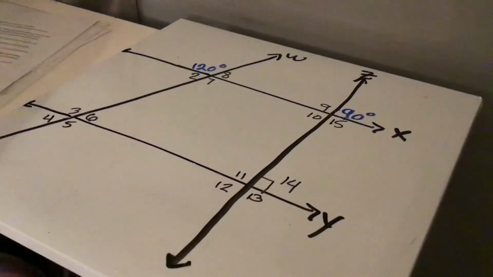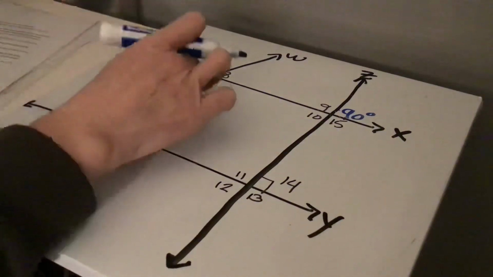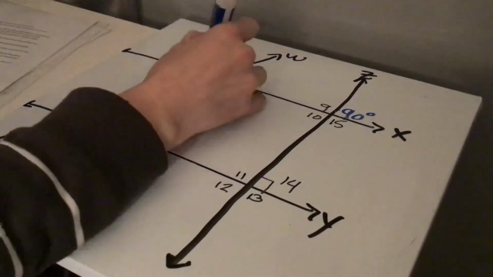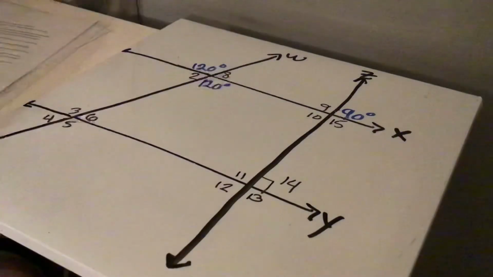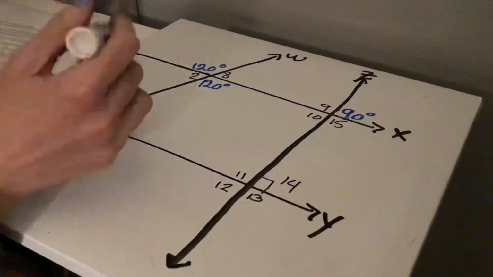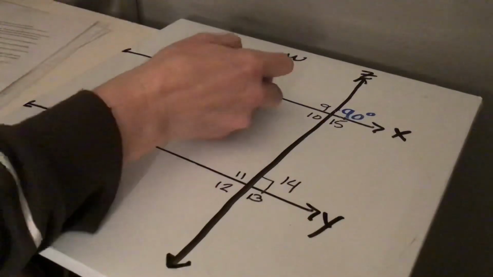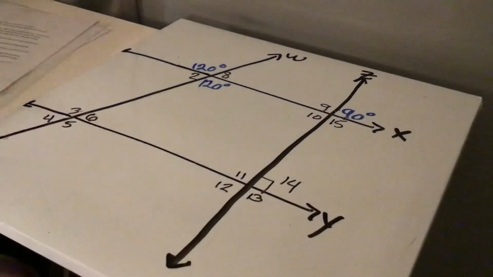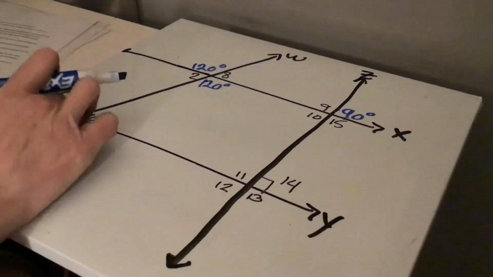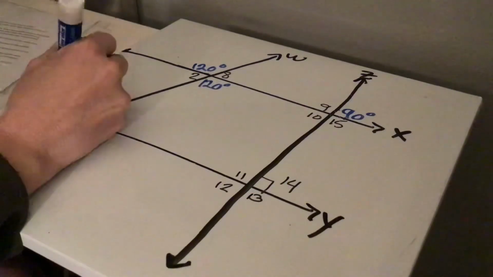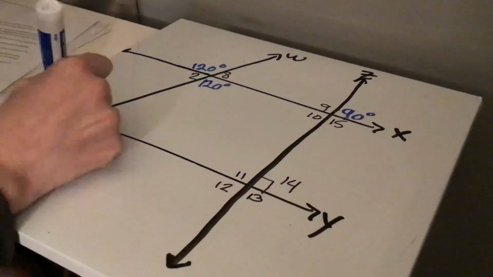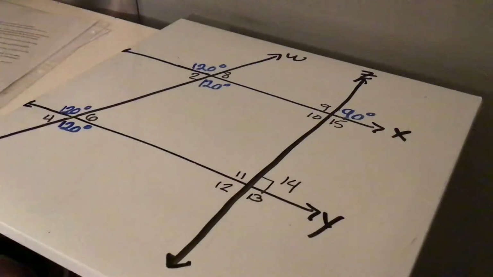Okay? So then using what we know, angle 7 is vertical to this, so angle 7 also has to be 120 degrees. Okay? Then corresponding, so the same place. So angle 1 and this angle here, angle 3, are in the same position. So angle 3 has to also be 120 degrees. And then it's vertical here. So this is 120. Okay?